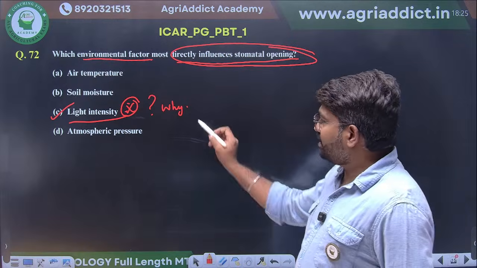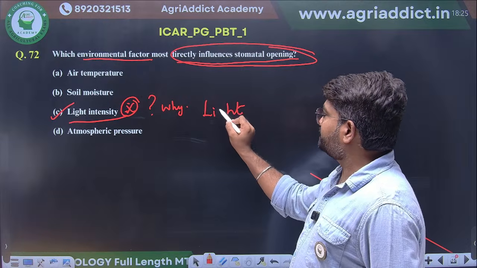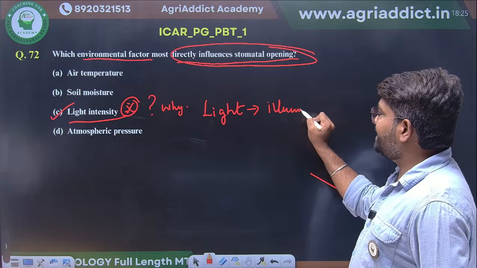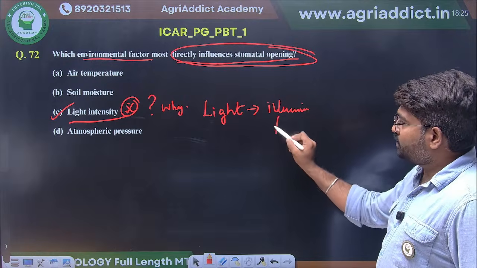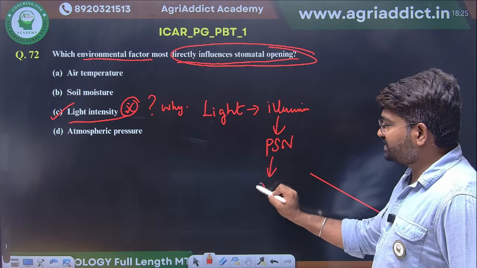This is a very important concept. See, if light is there, what will happen? Illumination will be there, and increased photosynthesis will be there. Sugars will be deposited.